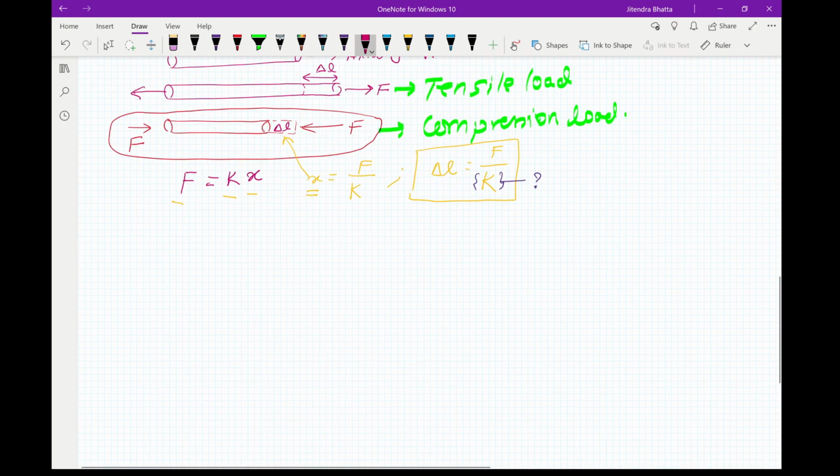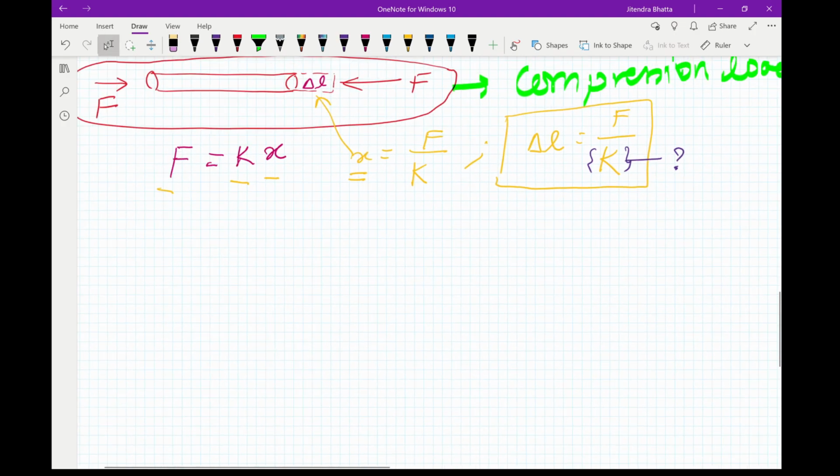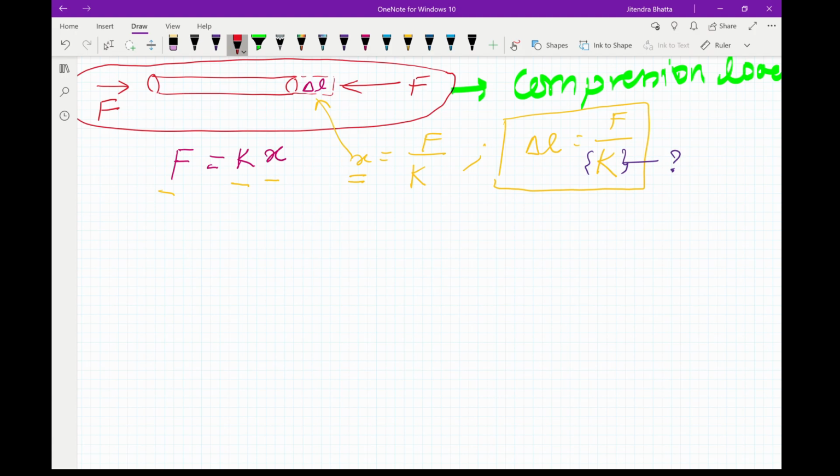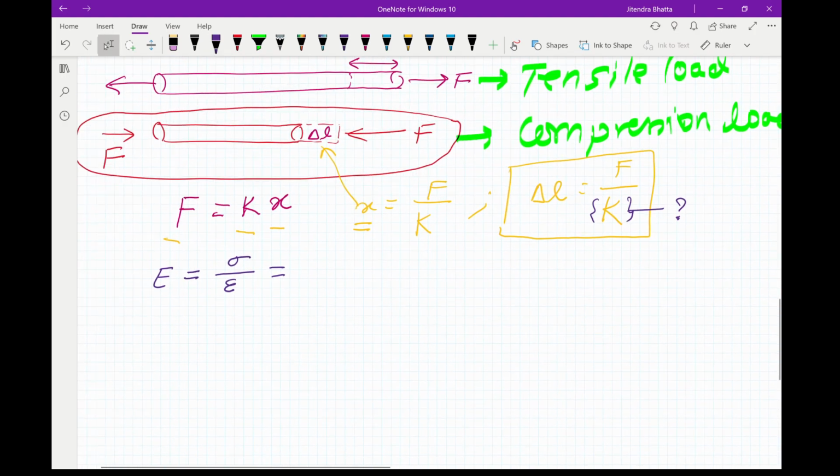We have a relation between stress and strain from the strength of materials, that elastic modulus E equals stress by strain. In the figure above, if this was area A and this is your force applied, then your stress will be force divided by area.